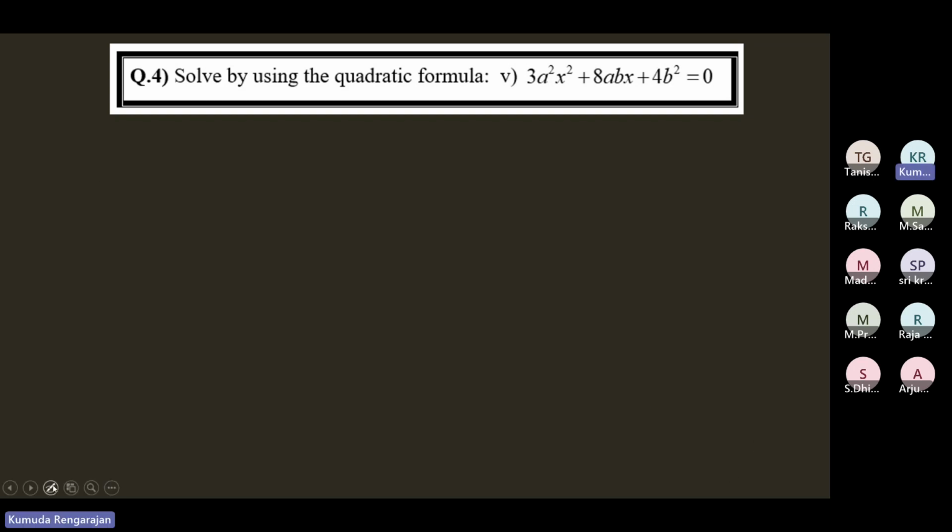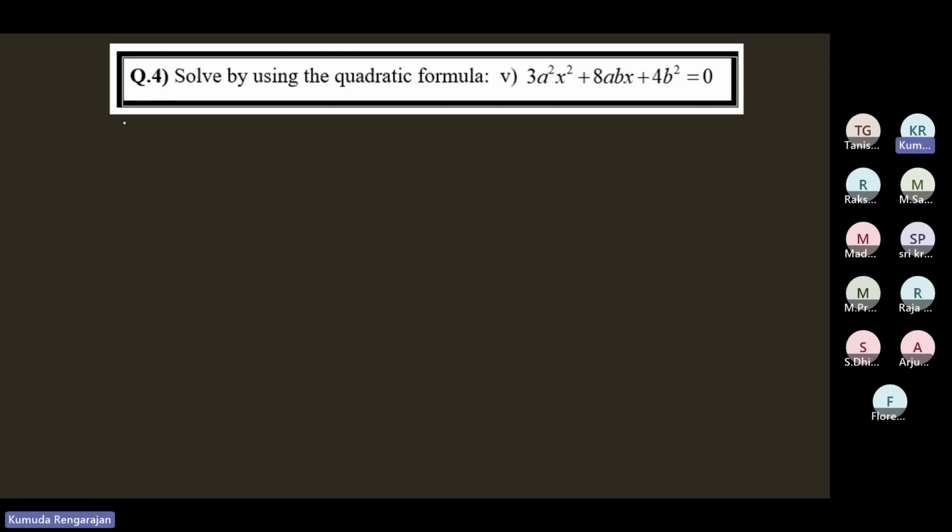Yeah, all of you try this in your book. Let me ask somebody here. The others can just work this in a rough notebook. Raja, can you help me now with this? Tell me the values of A, B, and C. Ma'am, A value is 3A square.